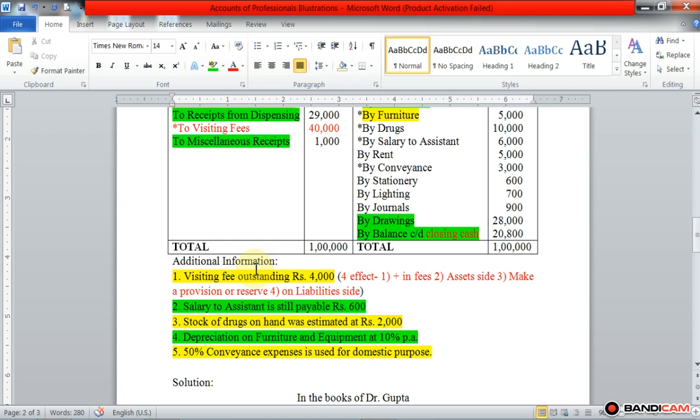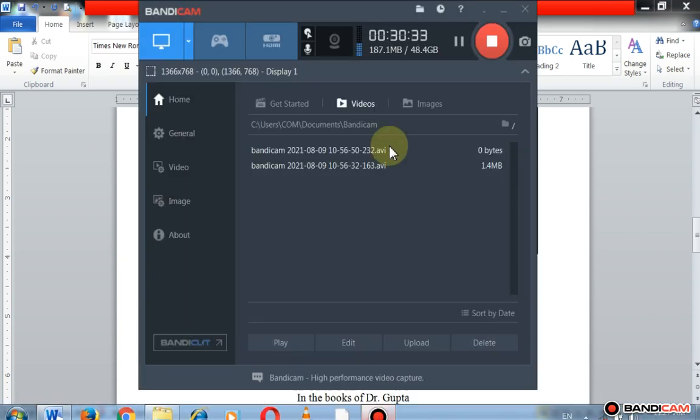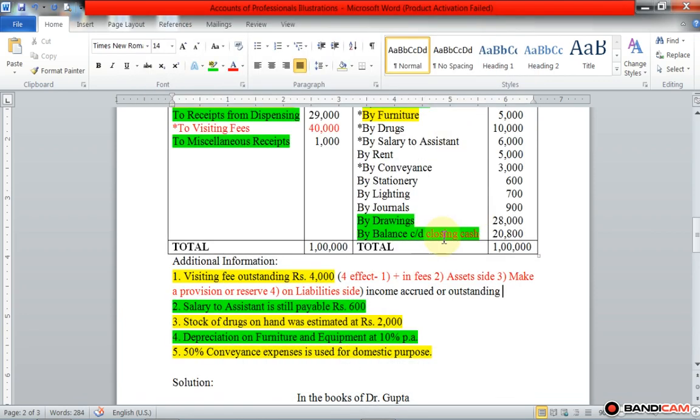And fourth effect, the provision or reserve is transferred on the liability side of the balance sheet. Got it? These four effects are very important relating to income accrued or outstanding. Remember this. So give the four effects.